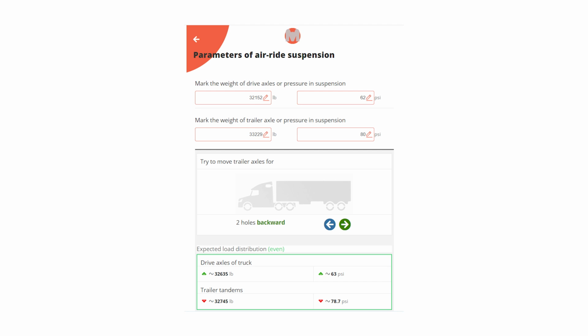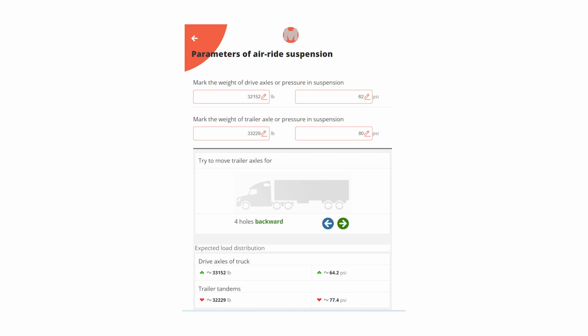If you press the green arrow twice, it will show you what weight distribution you can expect if you would like to put more weight on the drive axle to avoid jackknife.